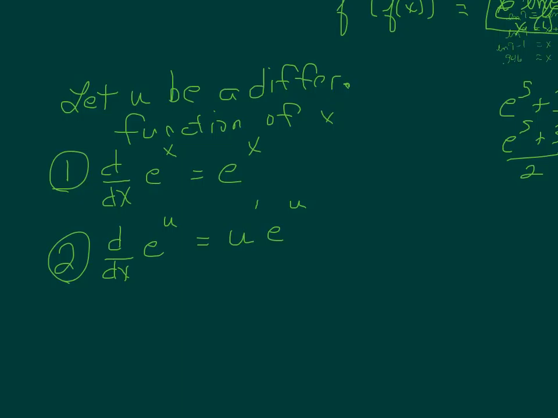So if we had the derivative with respect to x of e to the 2x minus 1. First, we look for the derivative of the exponent, which is what, Adam? 2x minus 1. So what's the derivative of that? So it's just going to be 2e to the 2x minus 1.